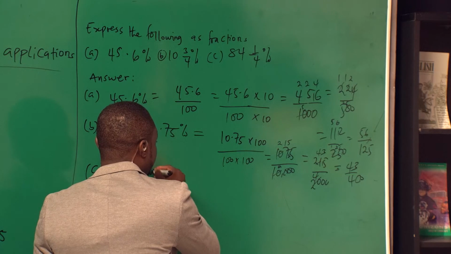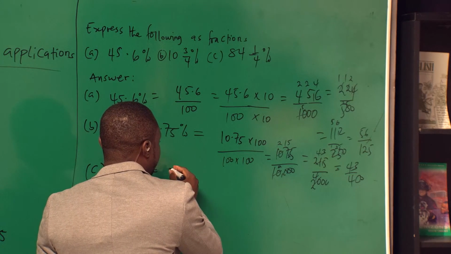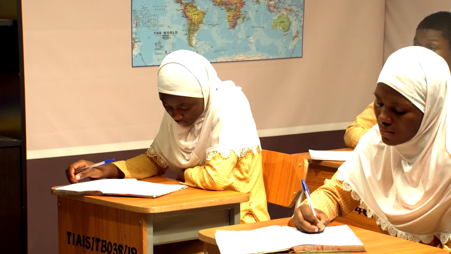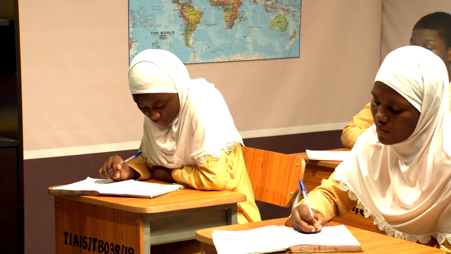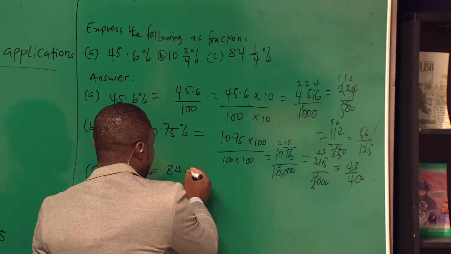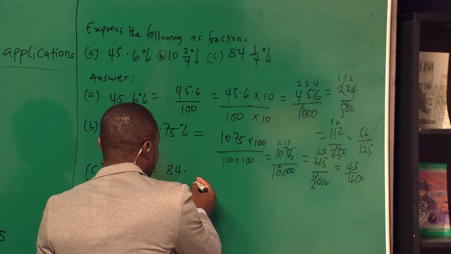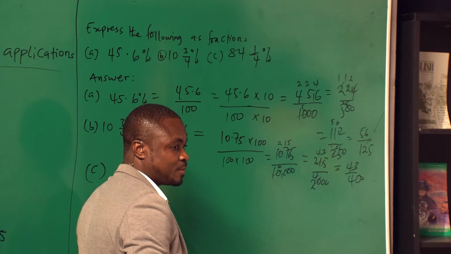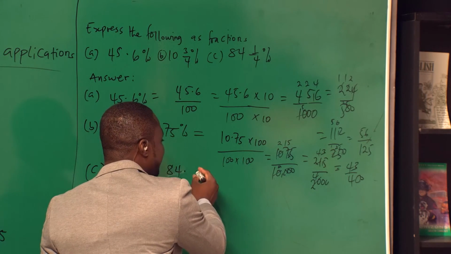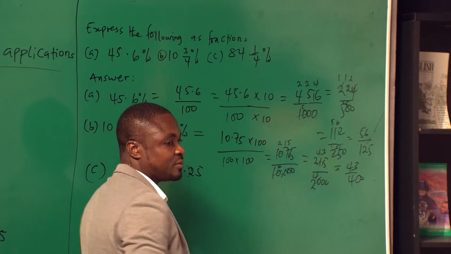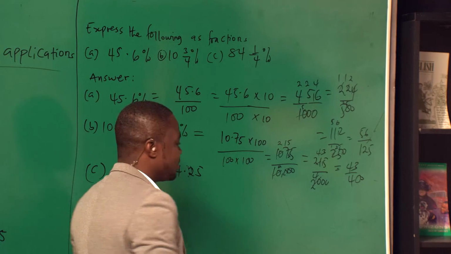I wrote 84 over 100 times 25%. 84 and 1 over 4 is the same as 84.25. Are you okay? Over 100. Is that clear?